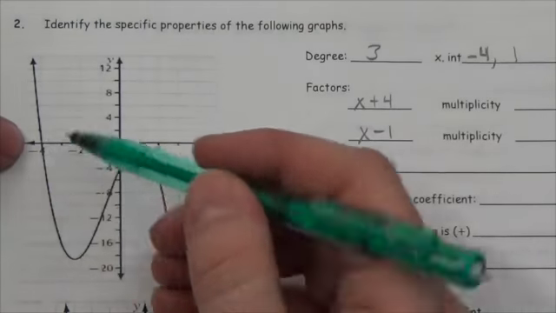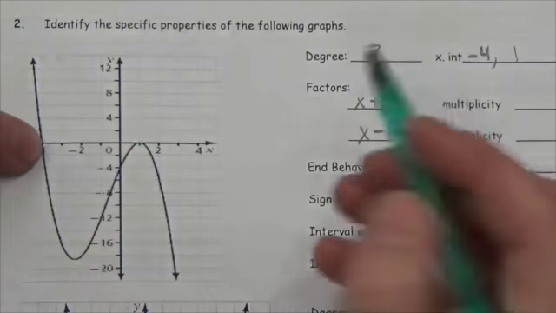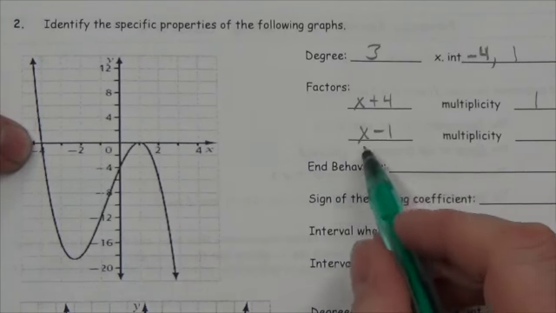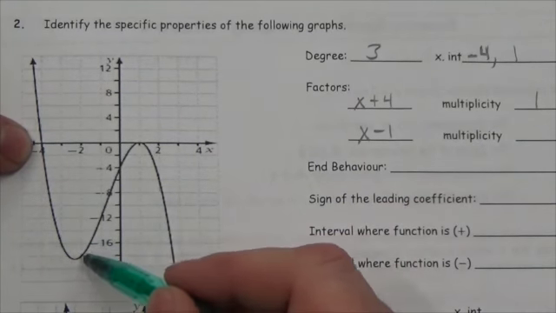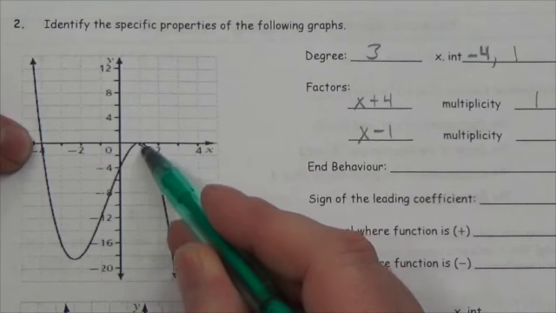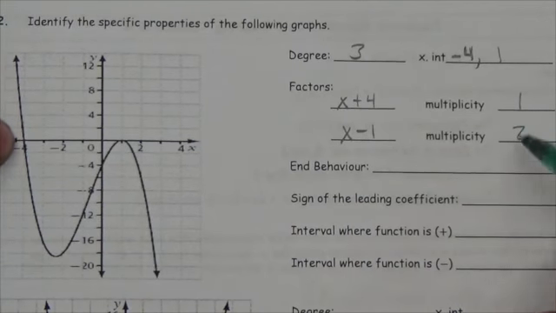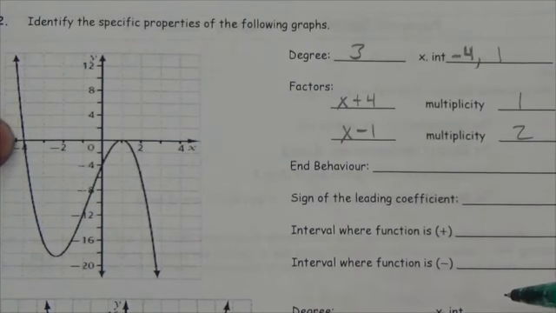Notice that the graph just cuts right through at negative 4. So this has got a multiplicity of 1. But at positive 1, the graph comes up and it's just tangent to the x-axis there. So this has got a multiplicity of 2. Now, there's my degree of 3, the sum of the multiplicities.